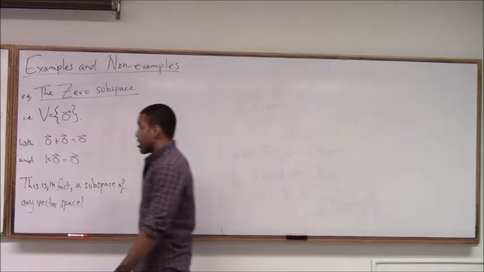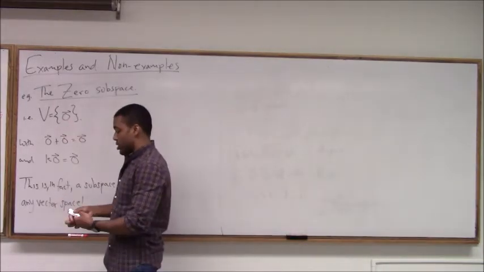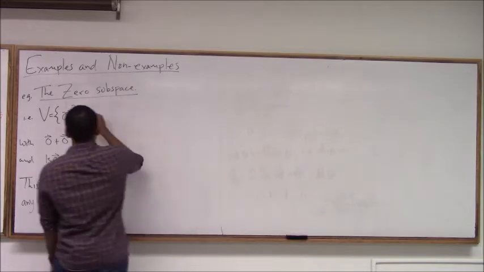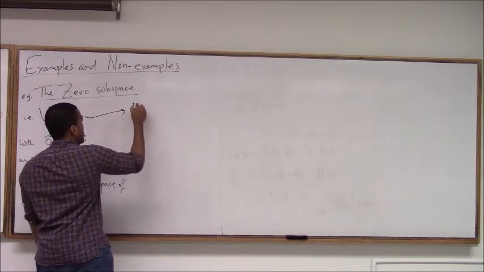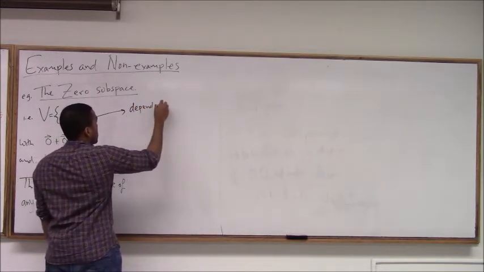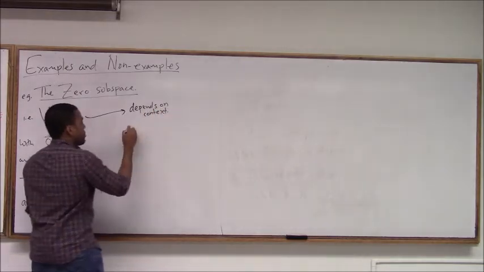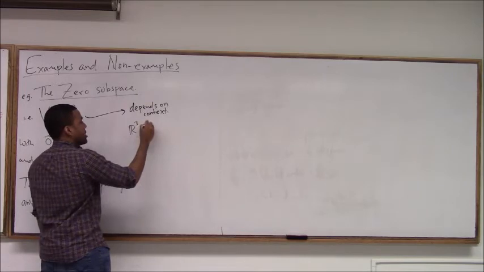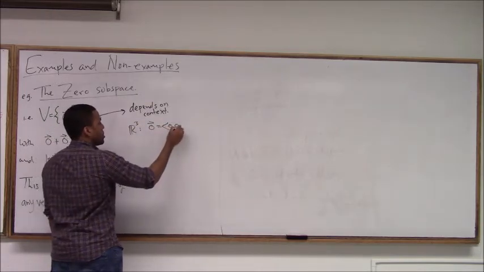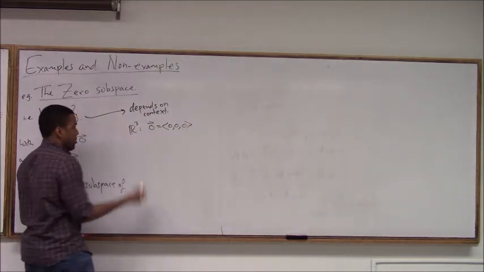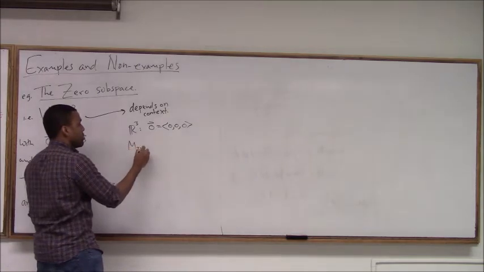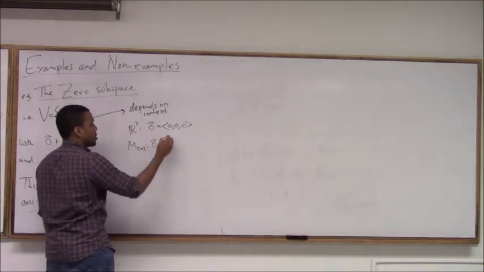And it turns out in R3, if I take the 0 vector, this depends on context. If I'm in R3, my 0 would just be the component of 3 zeros. If I'm in the set of 2 by 2 matrices, my 0 vector will take on this form.